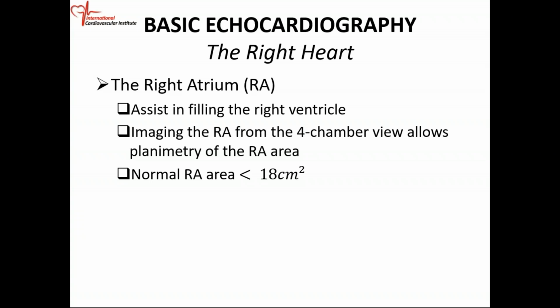And I think it should be a part of your routine study to do a quick planimetry of the right atrium, because we need to know if the right atrium is enlarged, yes or no. So the right atrium is enlarged if the area is greater than 18 centimeters squared. So again, you should try and do planimetry of the right atrium.